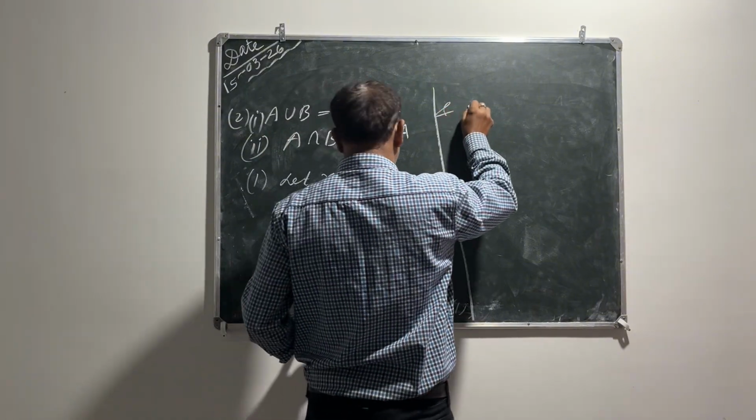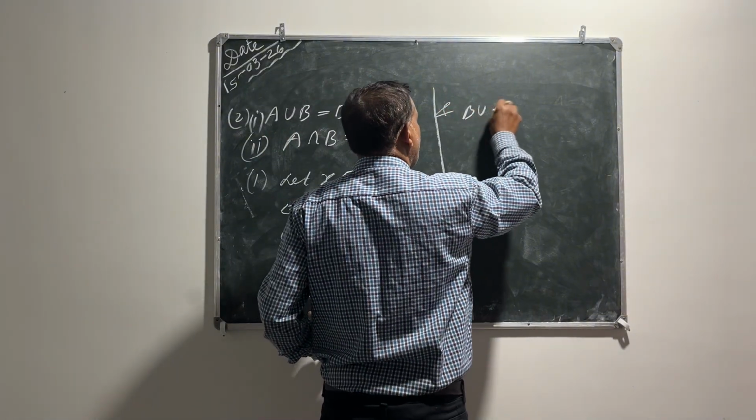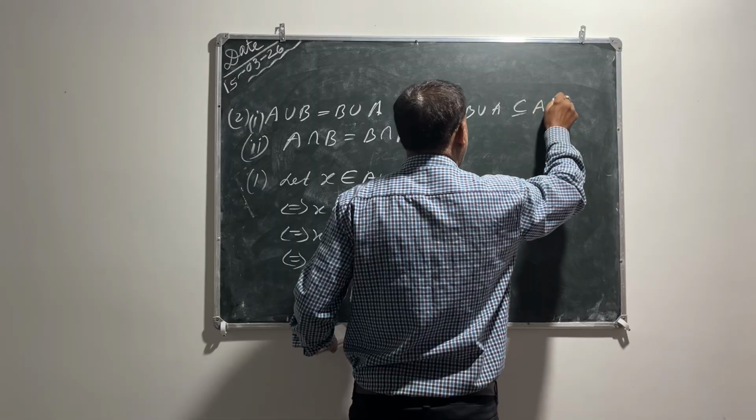And number two will be B union A is a subset of A union B.